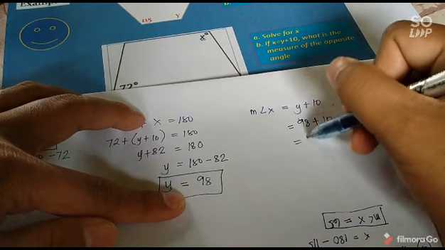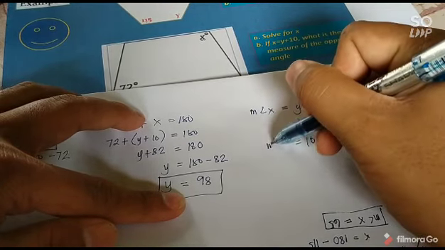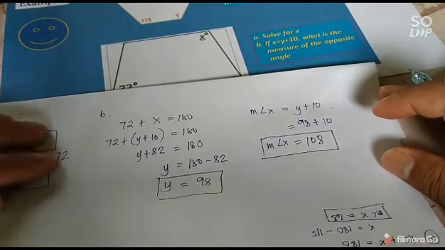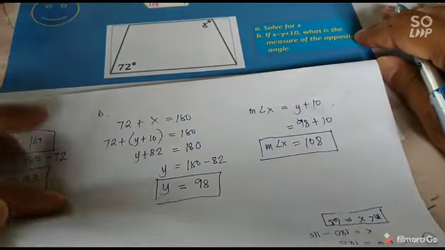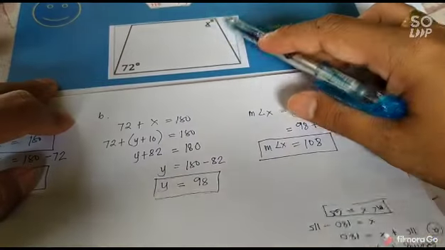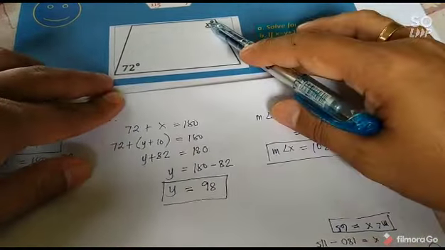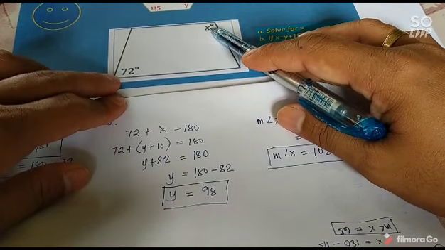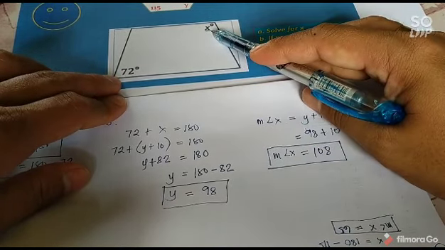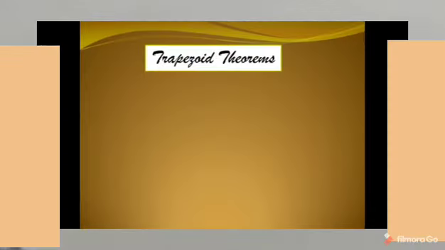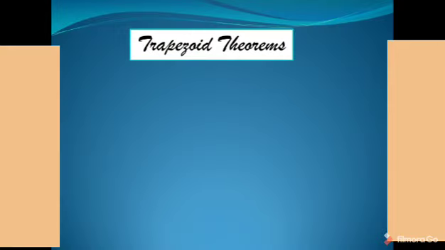That will give you 108. So that's the measure of angle x. Is that clear now? So from there, it's 72 and 108. If you combine them, that would be supplementary. What is 72 plus 108? That will give you 180. Is that clear?